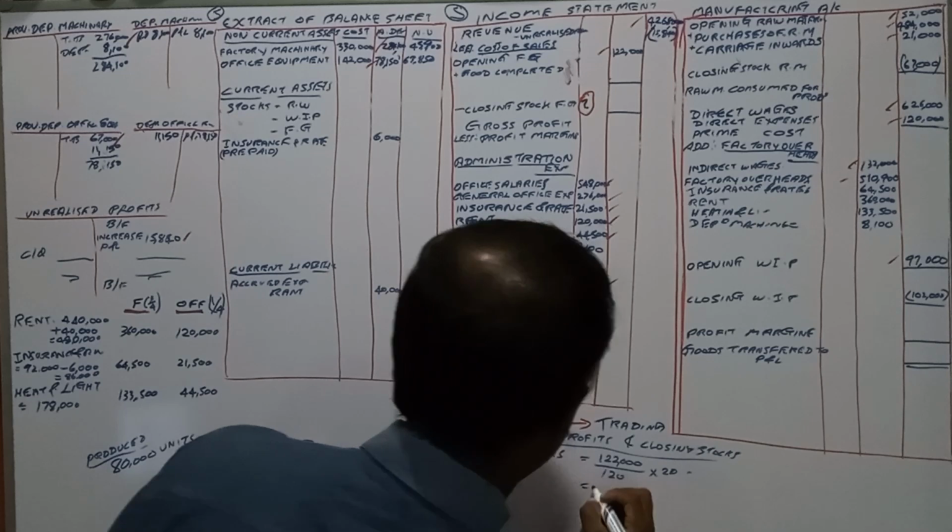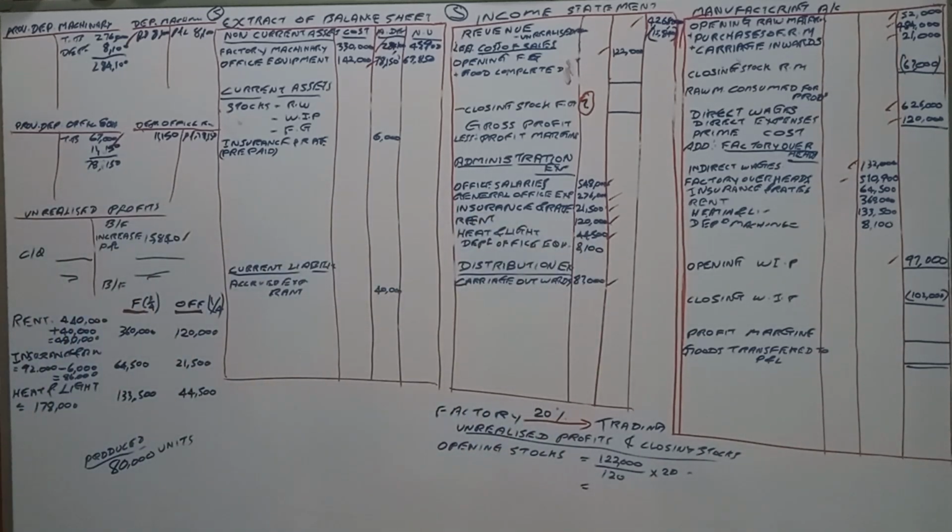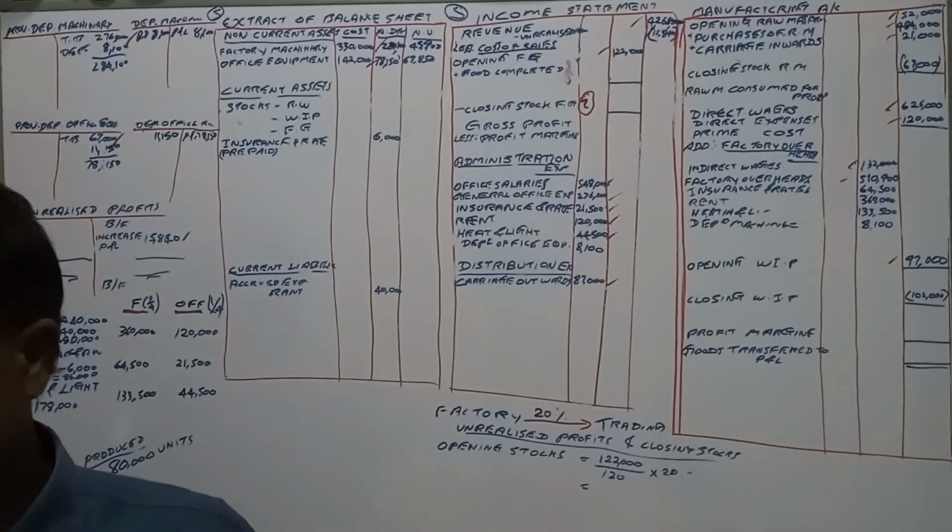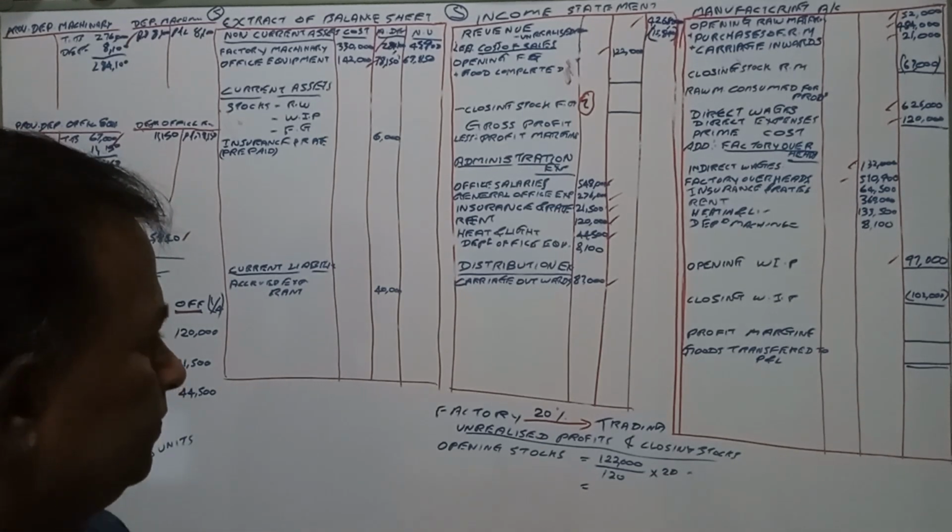What is the opening unrealized profit? 122,000 is the 120% into 20%.